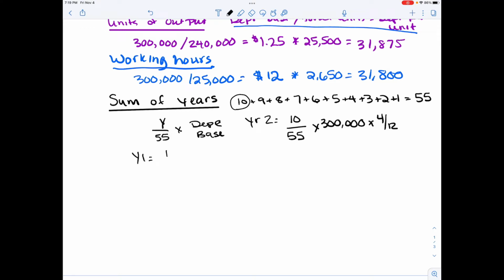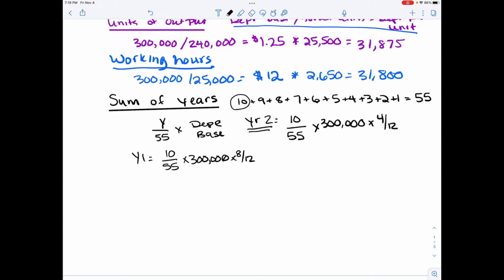Year 1 looked like this: 10 divided by 55 times 300 times 8 over 12. So I need to complete that first year of the asset's life.